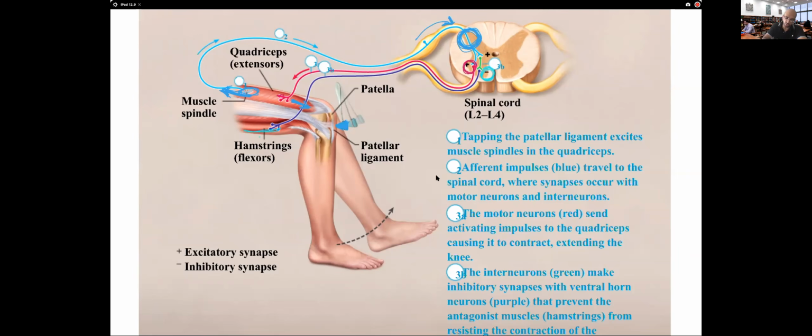So what's going to be the net result when I tap on the patellar ligament? The quadriceps contracts and the hamstring muscles will relax. So as a result, you're going to see that the leg is going to be performing some degree of extension.